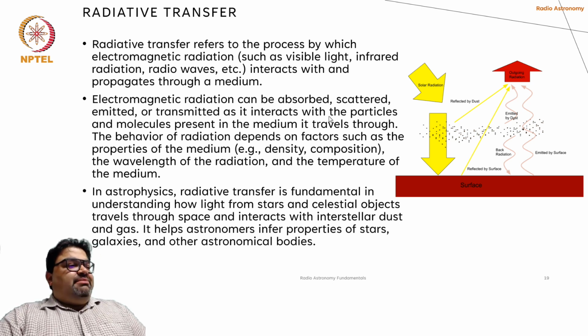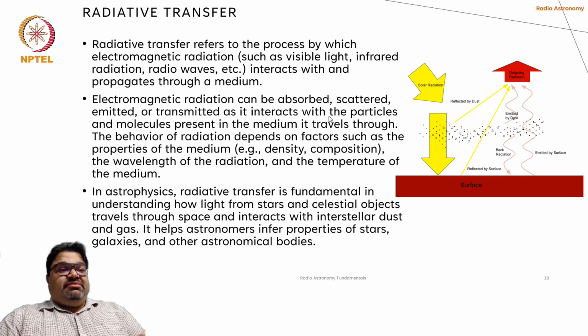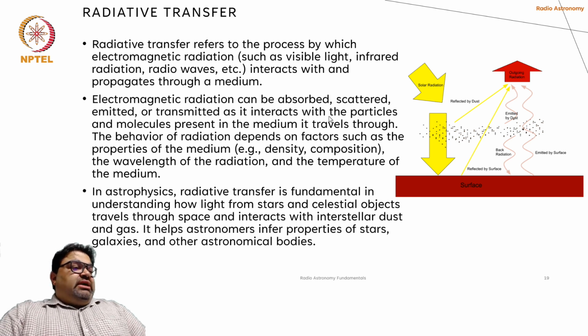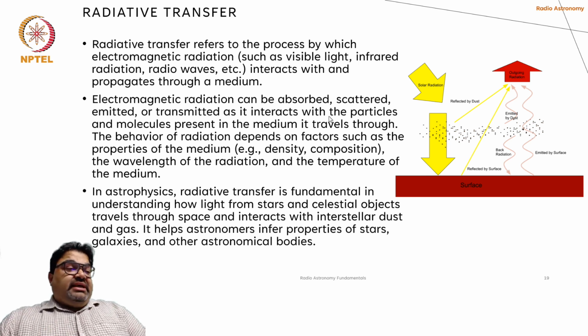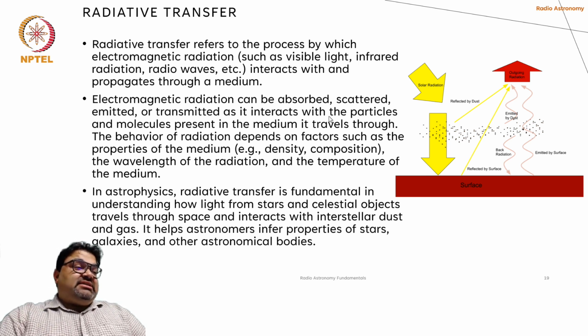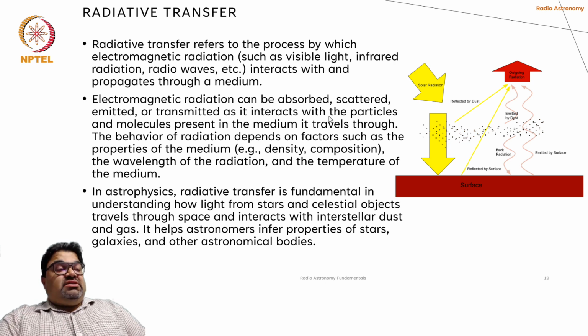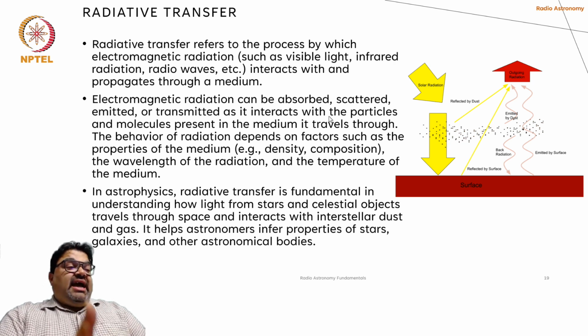The behavior of the radiation depends on factors such as properties of the medium, density, composition, the wavelength of the radiation, and the temperature of the medium. In astrophysics, radiative transfer is fundamental in understanding how light from stars and celestial bodies travels through space and interacts with interstellar dust and gas. It helps astronomers to infer properties of stars, galaxies and other astronomical bodies.